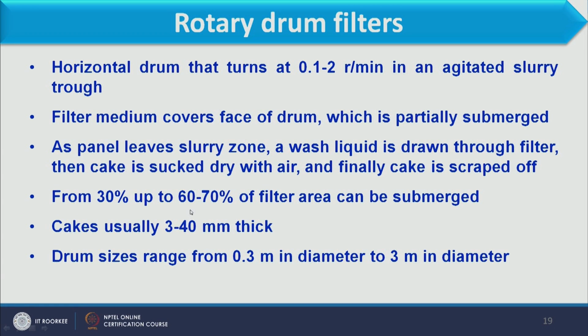From 30% up to 60 to 70% of the filter area can be submerged. Cakes are usually 3 to 40 mm thick. Whatever cake we find in a rotary drum has a thickness from 3 to 40 mm, and drum sizes range from 0.3 meter in diameter to 3 meter in diameter.